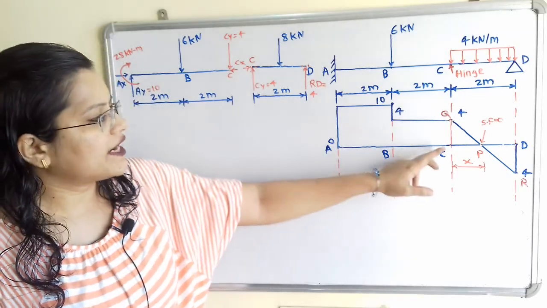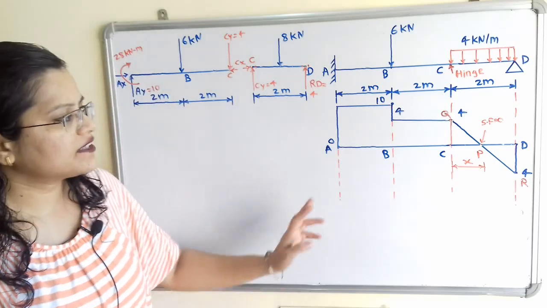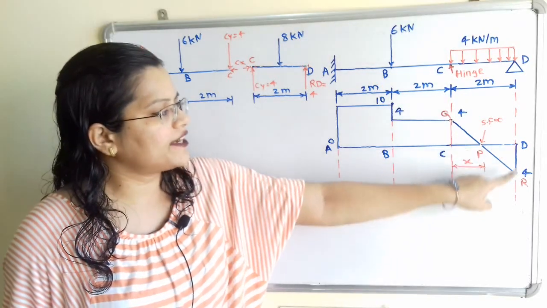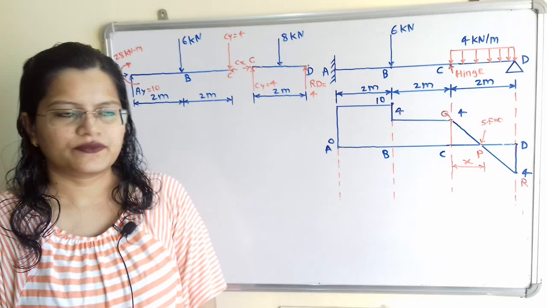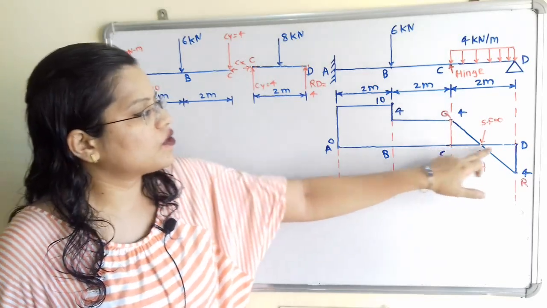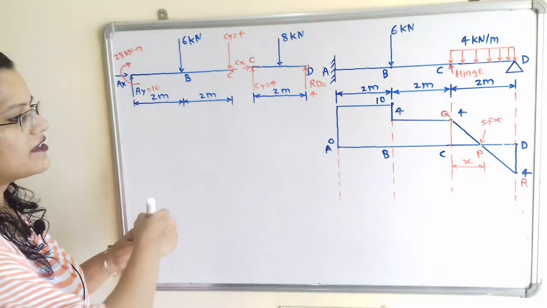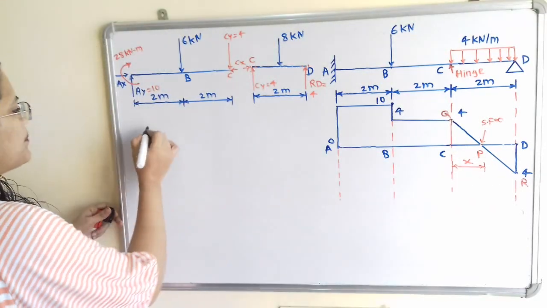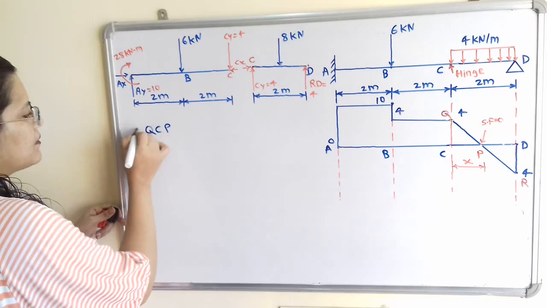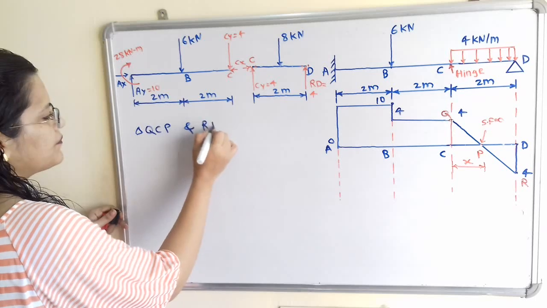So we will connect this point C, and here is the new point Q. In the same way, we will connect this point D to the point R. Now there are two triangles which have common horizontal line and common inclined line. So these two triangles are QCP and the other triangle RDP.